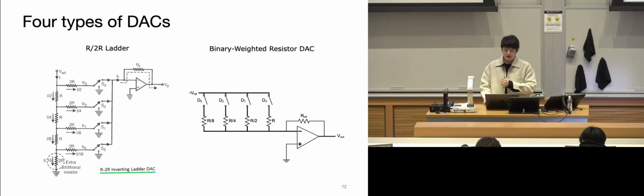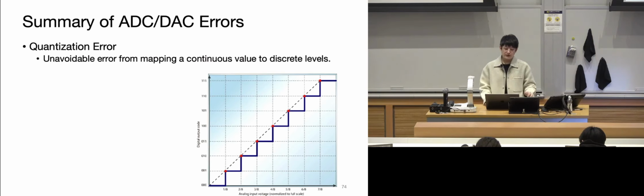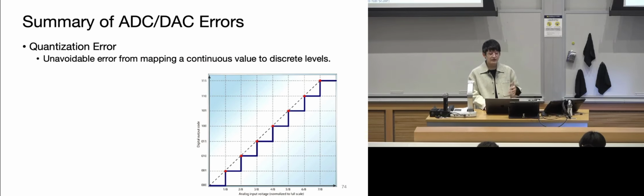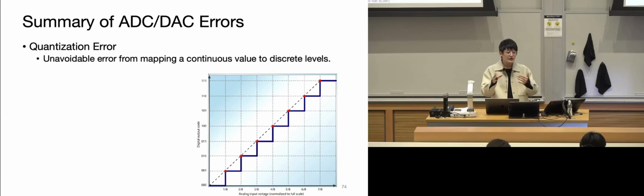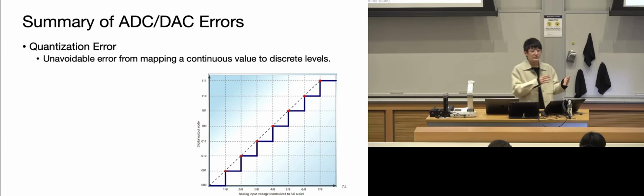Okay, cool. We also talked about the different types of errors on the DACs or ADCs. These errors are shared between them. The first is the quantization error. This is essentially the error that happens when you map a continuous value to a discrete value.